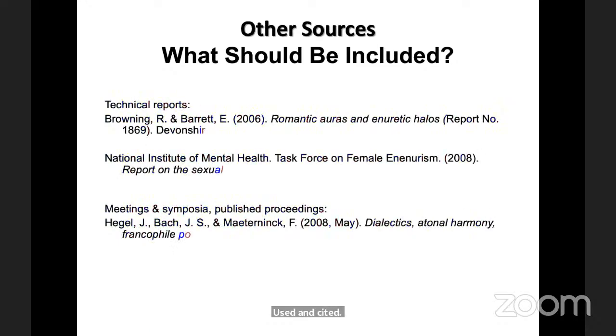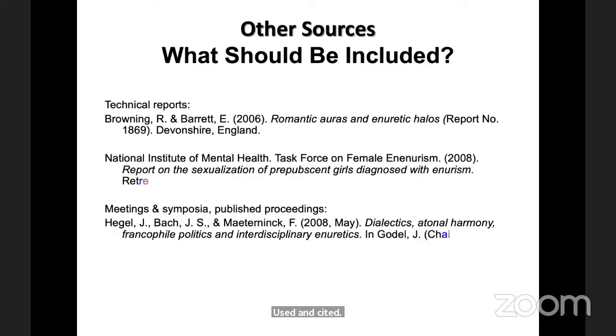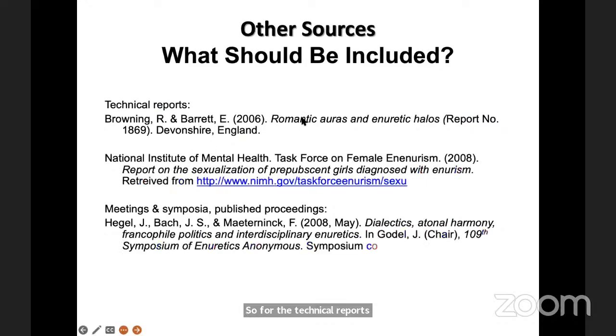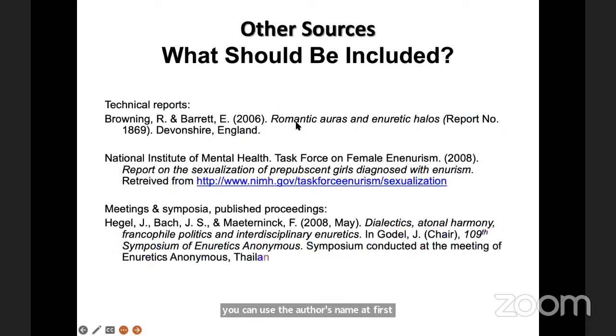So for the technical reports, you can use the author's name at first, the same as the earlier one, and then the report title in italic form, and then the report number. You need to provide the report number and where it is published.